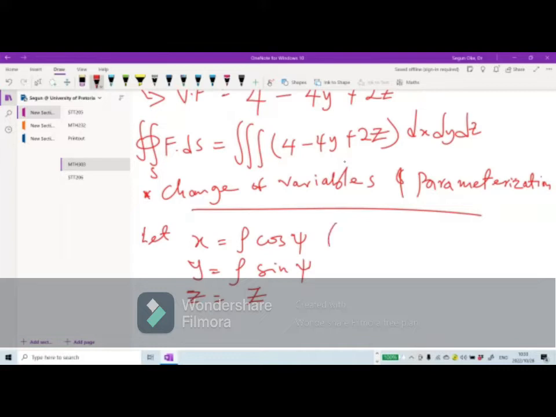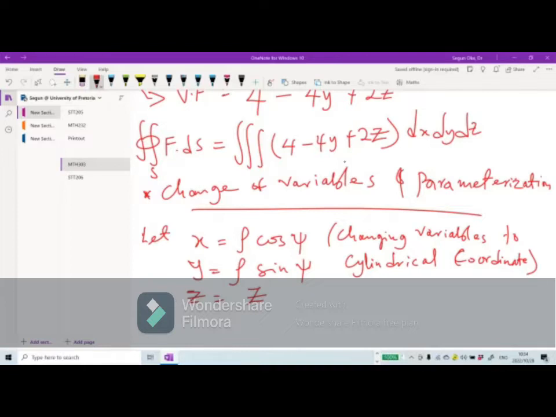So I'll put the notes here: changing variable to cylindrical coordinates.